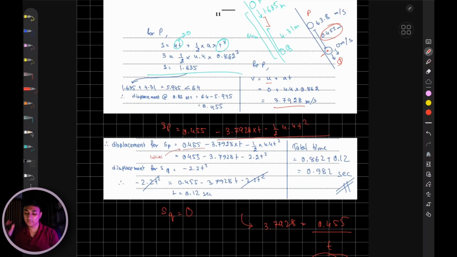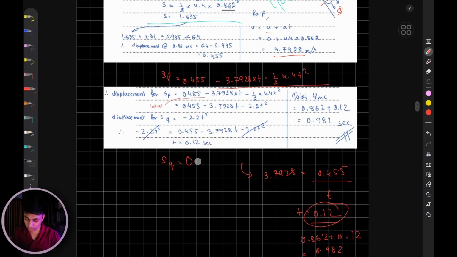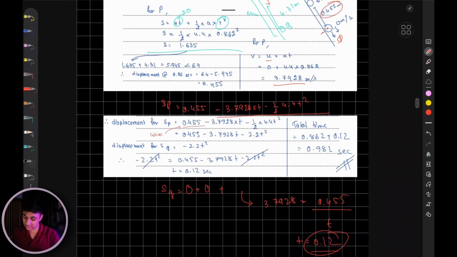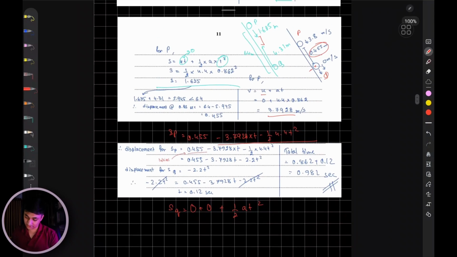Now, what is the initial velocity of Q in this position? Rest, 0, because it decelerated upwards and reached a velocity of 0 at this point, after 0.862 seconds. Therefore, at this point, your ut is also going to be 0, right? So I can write 0 plus half at squared, right? Great. So now notice acceleration in case of Q is also going to be the same, that is downwards.